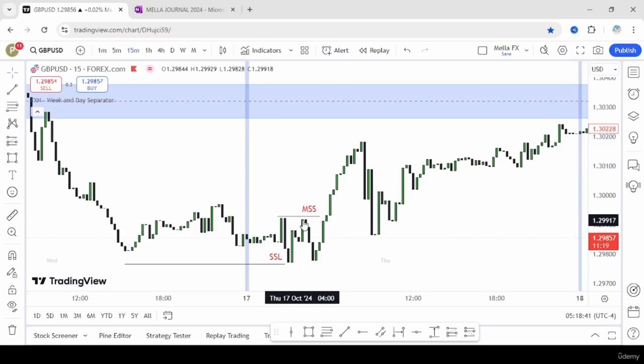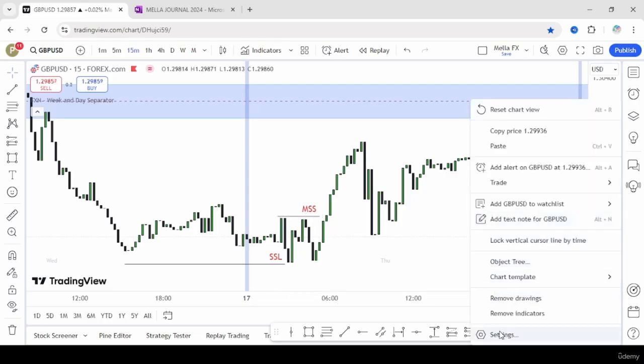The reason I say a wick is a gap is it's just a level of inefficiency. So I don't prefer to see the break in structure being made just by wicks. I prefer to see bodies.